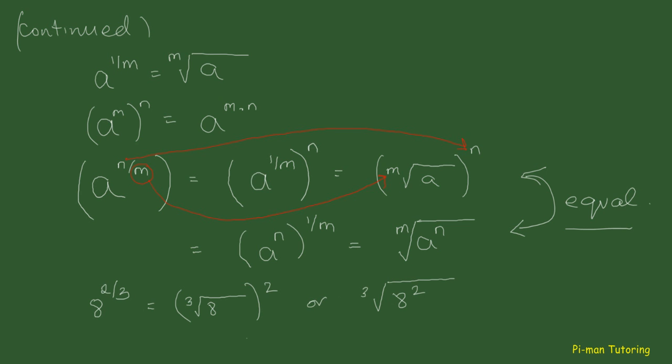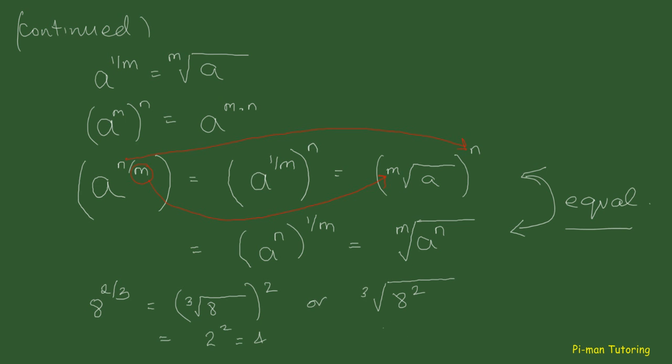Now, if you had this problem to deal with, the third root of 8 is 2. 2 times 2 times 2 is 8. So this first expression simplifies to 2 squared, which is 4. So that particular format works nicely for this problem.